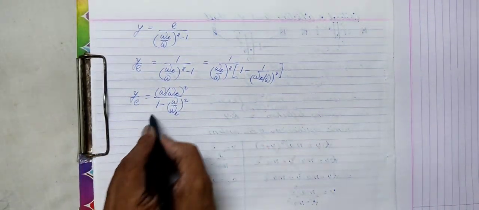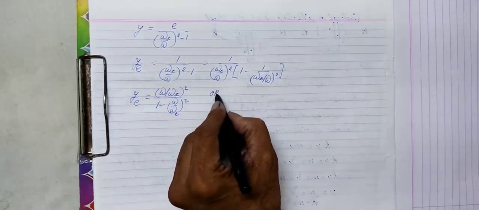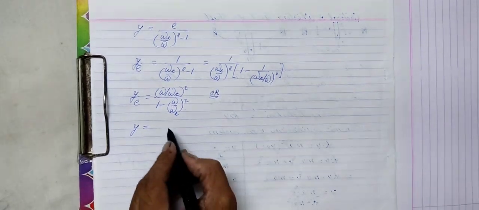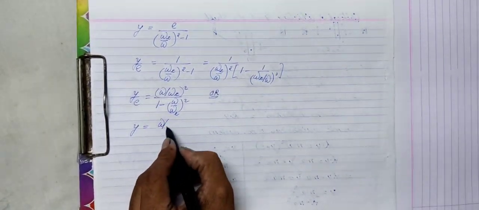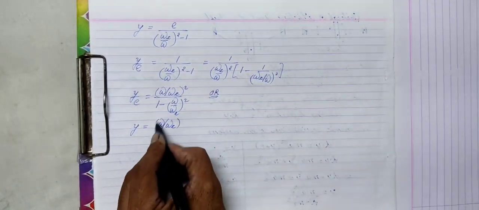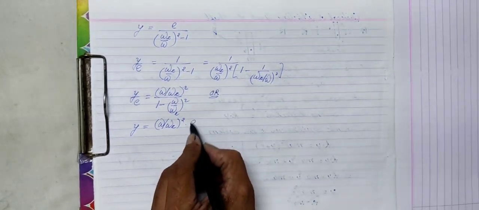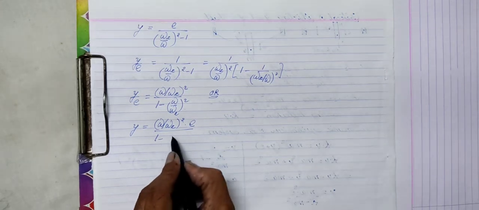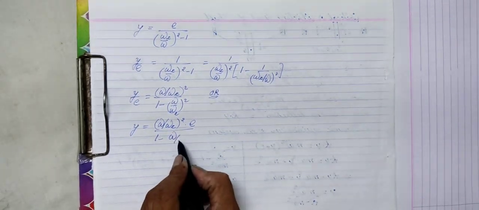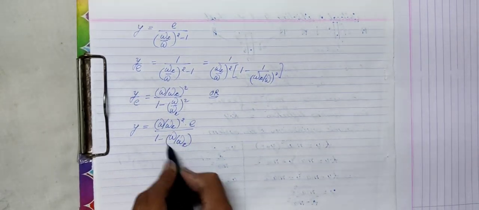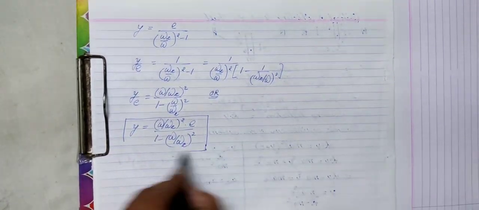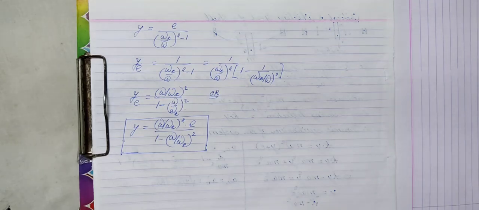Or again, I can express the same expression as y equal to omega upon omega c square into e upon 1 minus omega upon omega c square. Why we are doing this is to understand the situation.